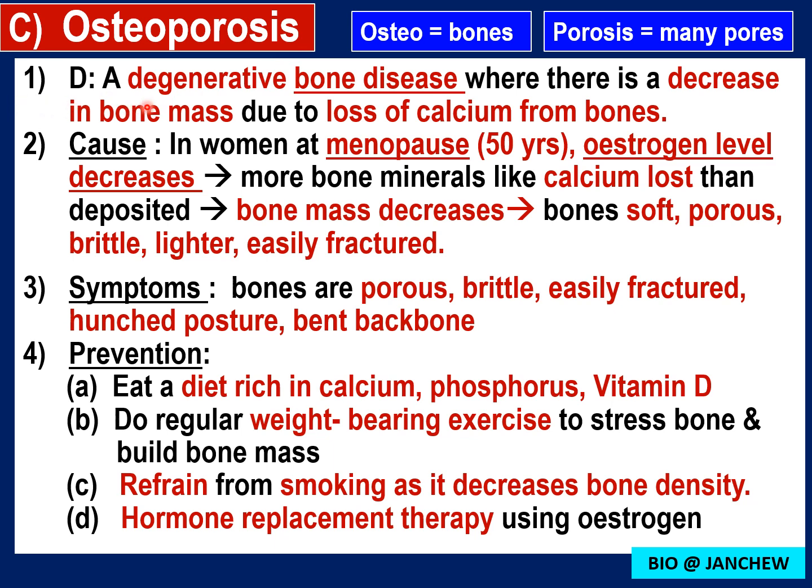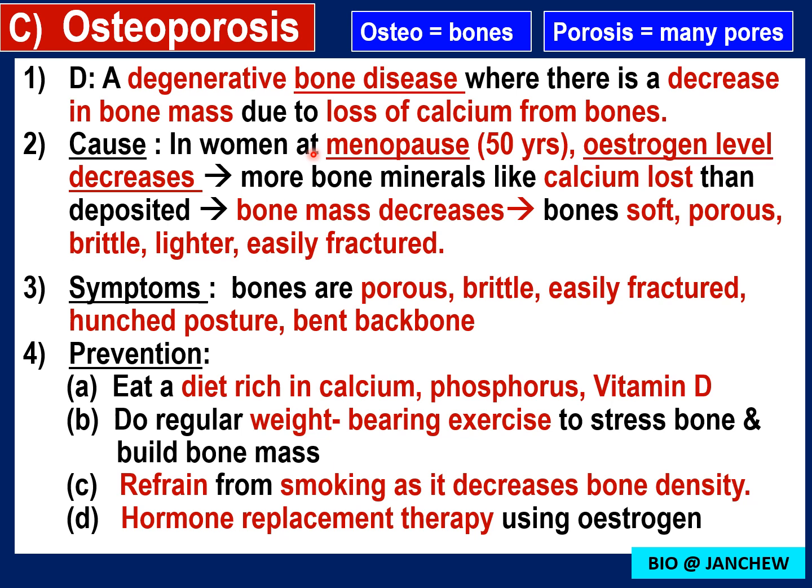So it is a degenerative bone disease where there is a decrease in the bone mass due to loss of calcium from the bones. So the bone tissue is lost progressively, and then that leads to decrease in bone mass. The cause is that, especially for women, they suffer from this disease when they are a bit older, at around 50 or 60 or 70 years of age.